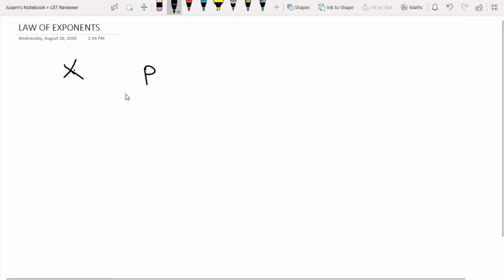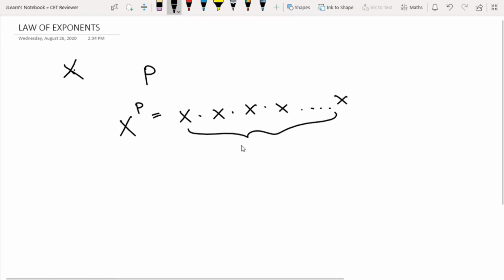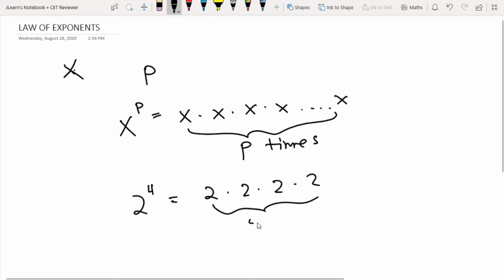Then we say that x raised to p is equal to x times x times x times x, and so on, wherein the number of times is p times. For example, 2 to the fourth is equal to 2 times 2 times 2 times 2. You have 4 times.